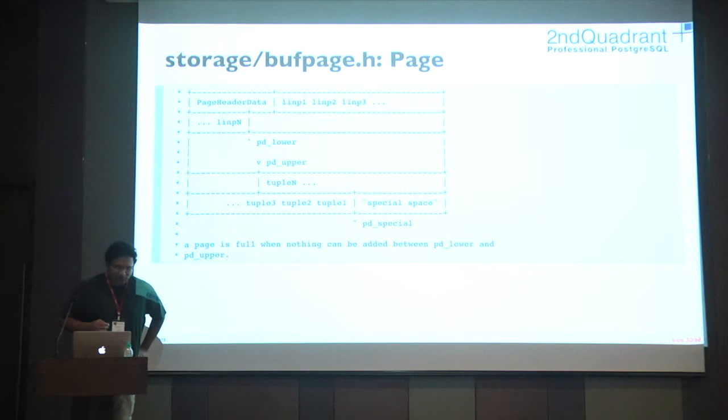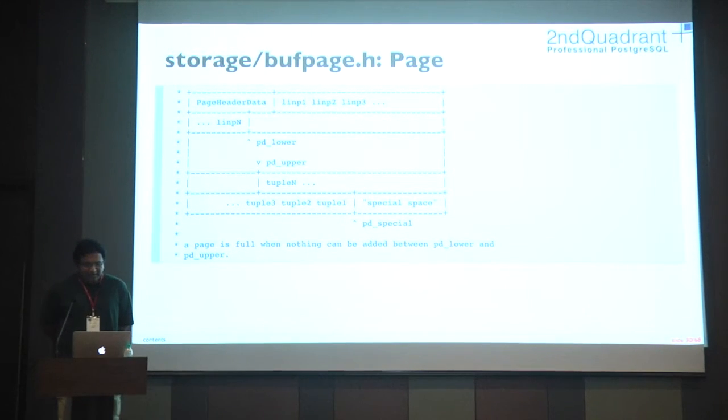Well, okay, not very much later. So lower and upper here correspond to the end of the line pointer array and the beginning of the last tuple on the page, tuple n here. This is a direct quote from storage/bufpage.h in the Postgres source, with beautiful ASCII art to describe the page layout.